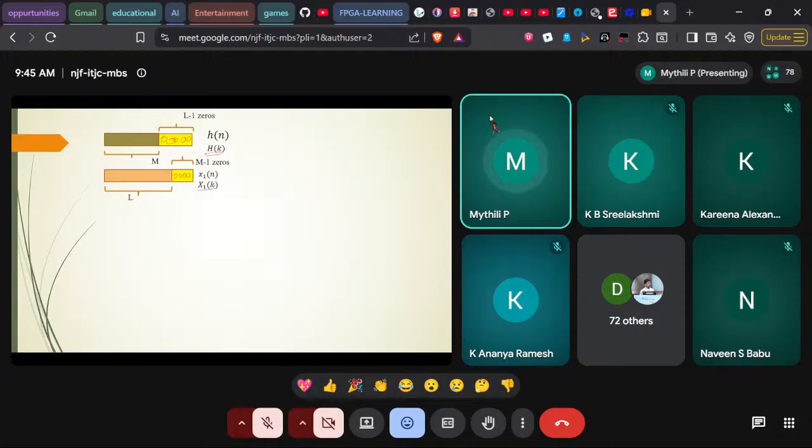You already know how to find the DFT of a given sequence. Now the second block. You can see that I have just drawn this below at the point where we broke that block. This also has m minus 1 zeros, and the corresponding DFT, if you compute it, is going to be x2 of k.